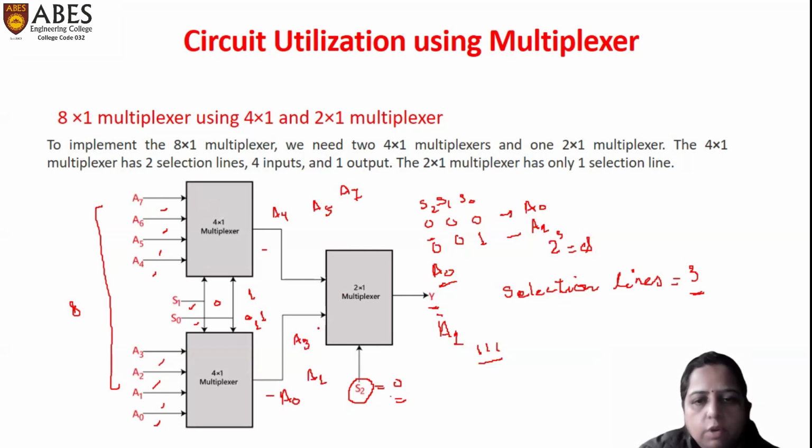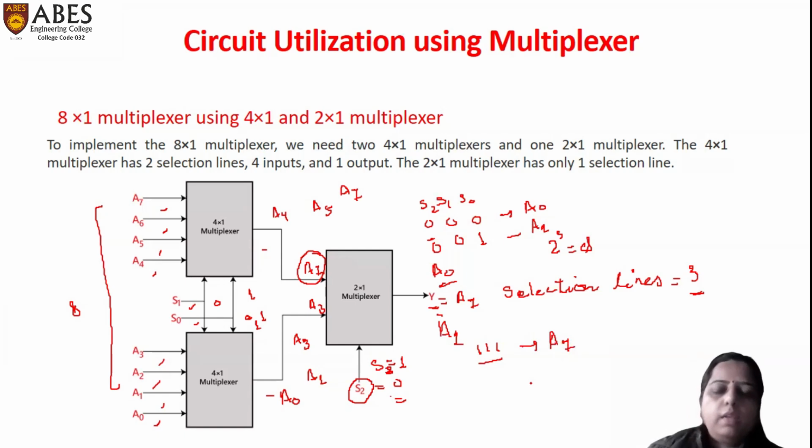Since the value of S2 is equal to 1, the upper output will be selected, and therefore the value of y will be A7. So for 1, 1, 1, A7 will be the output. This is the working of 8:1 multiplexer, and in this manner we can implement 8:1 multiplexer using 4:1 and 2:1 multiplexers.